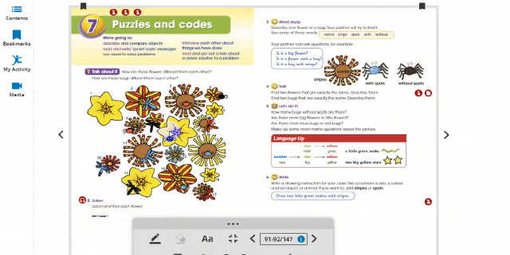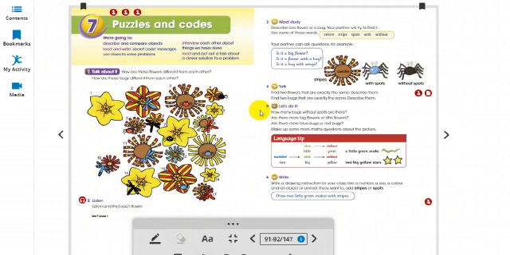We are having on the screen pages number 91 and 92. Let's begin. The first question on 91 is, how are these flowers different from each other and how are these bugs different from each other? Now, when we look at this picture, we can see there are different insects, isn't it?